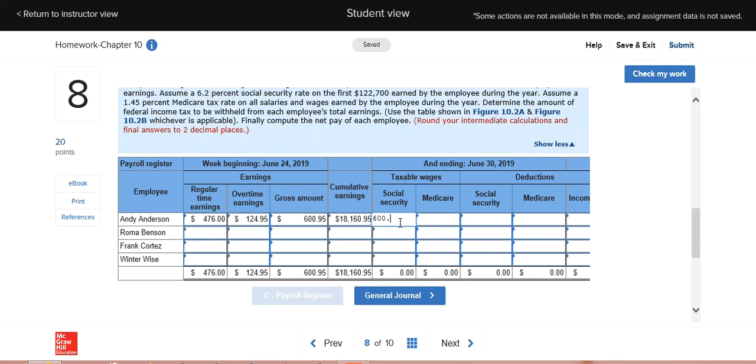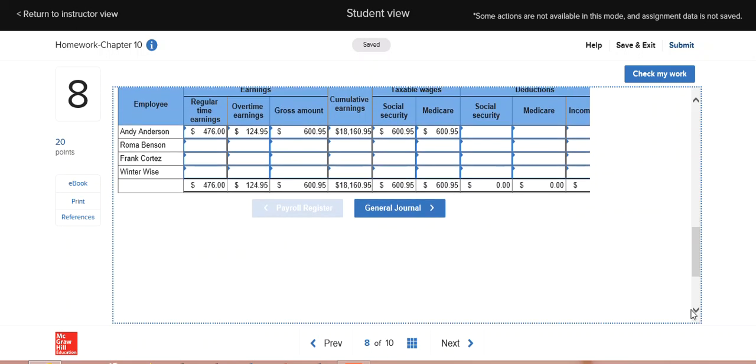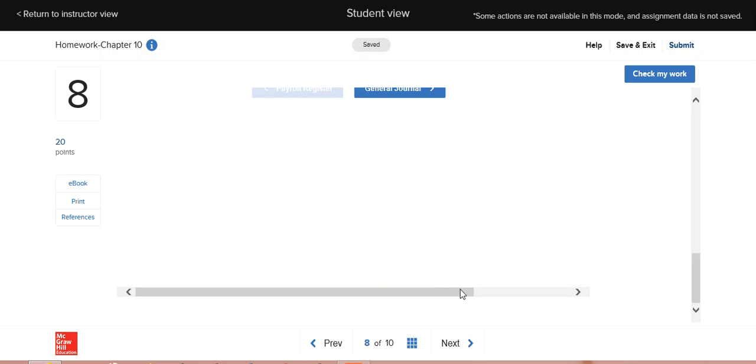But your Medicare should always be your gross amount, because Medicare does not have a wage base. It doesn't matter how much you make. If you make $1 million, you've got to pay that Medicare. But in this case, he's way below the $122,700. So his gross amount is taxable for Social Security and Medicare.